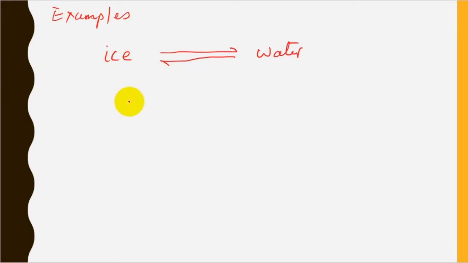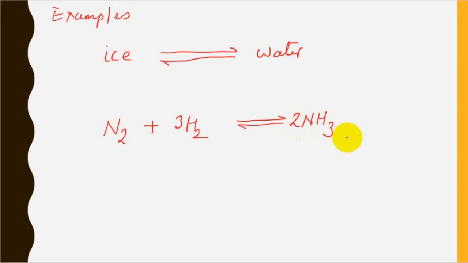Another example I could have given you is like this. Look here. If I take this reaction, which you have done, nitrogen can combine with hydrogen, and when nitrogen and hydrogen combine, it forms ammonia. This is a very important process, that is Haber's process. The reaction is reversible.